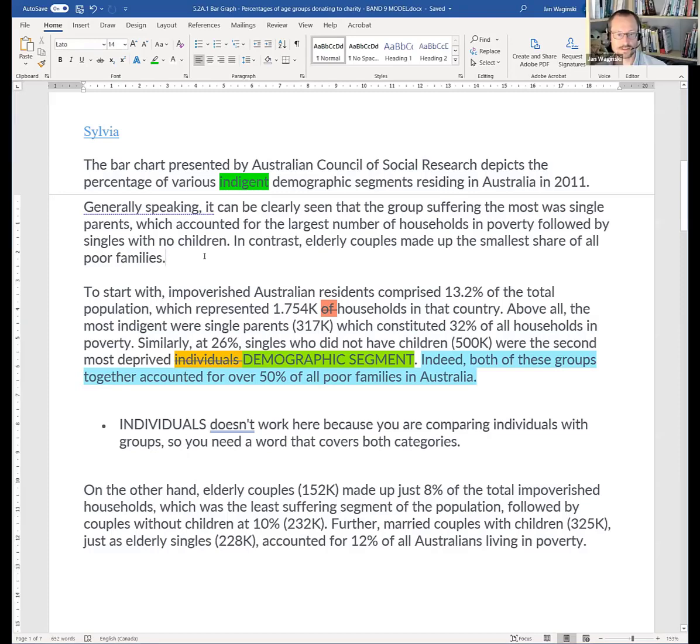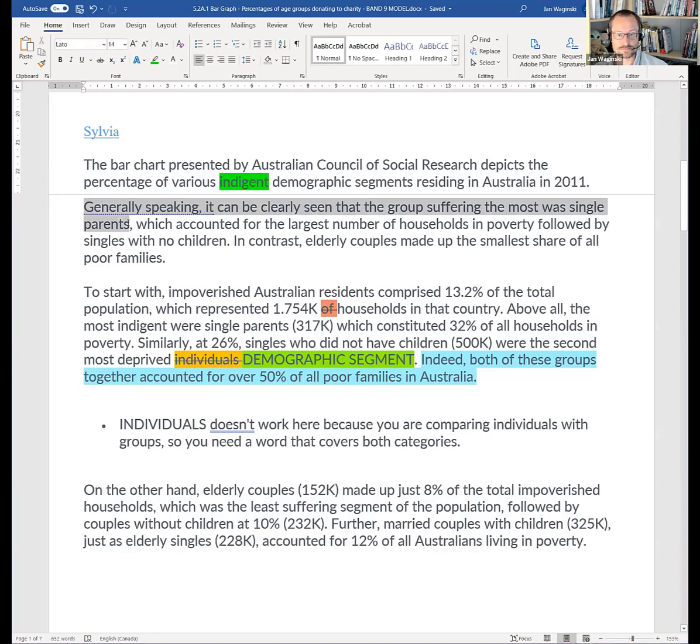Okay, so let's look at the intro. So she's included all the information in the first sentence. So she's paraphrased the prompt. She's included who the author of the study is. She's included the year. And let's see what her general overview tells us about the organization of her writing.